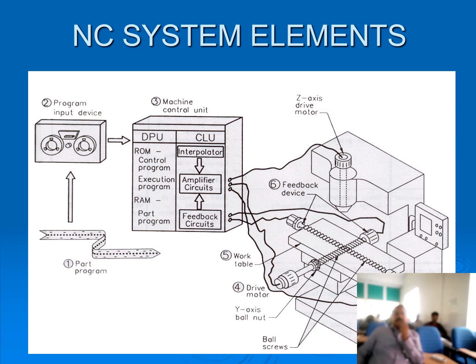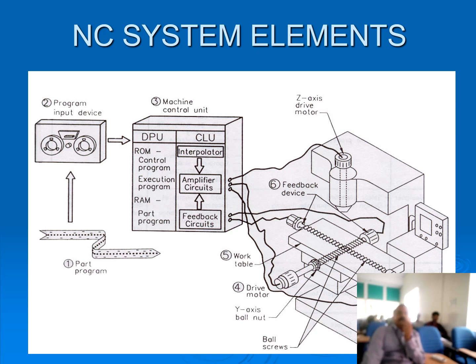On this figure you can see the 6 elements I discussed in the previous slide. Just take 1 or 2 minutes to observe this diagram, where you can see the part program, a punch tape comes. And to input this program, we have the program input device.